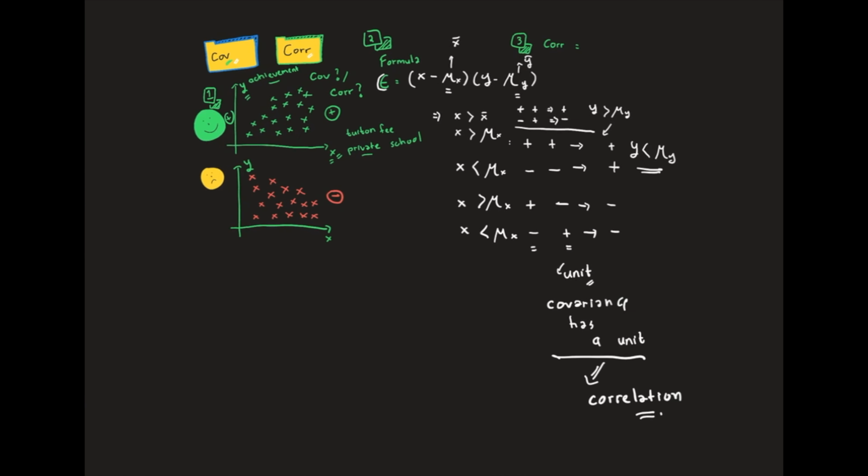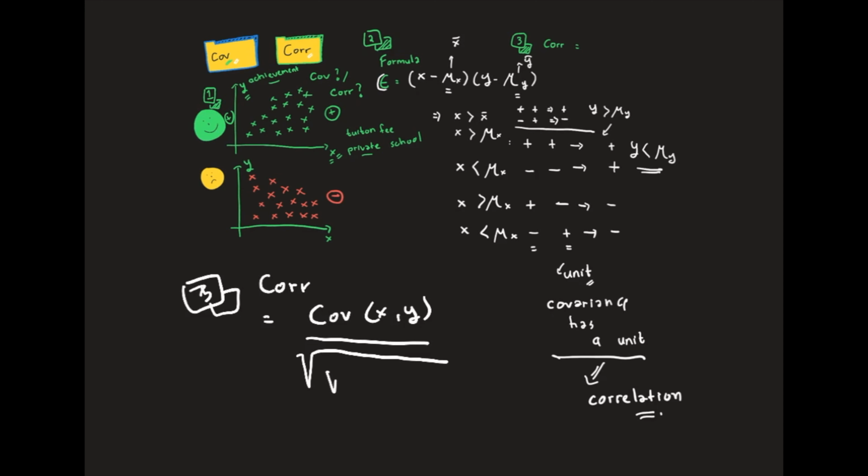Maybe here it will be easier. The correlation formula is basically the covariance of x and y divided by the variance of x multiplied by the variance of y.